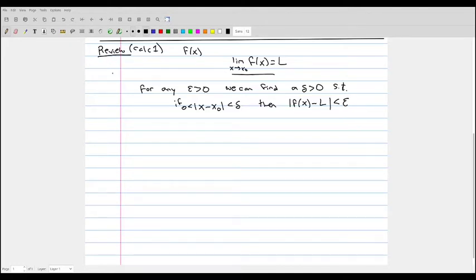So this is the exact mathematical definition of the limit, and you can find this in any calculus textbook. Now, pictorially speaking, in pictures, this has a very nice interpretation.